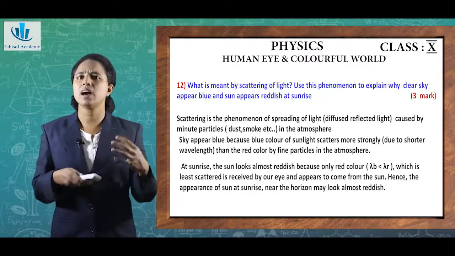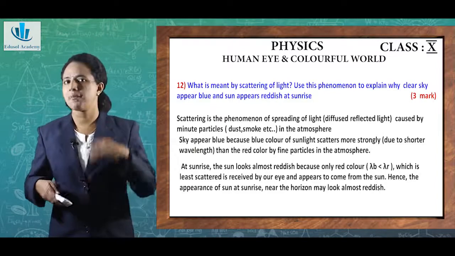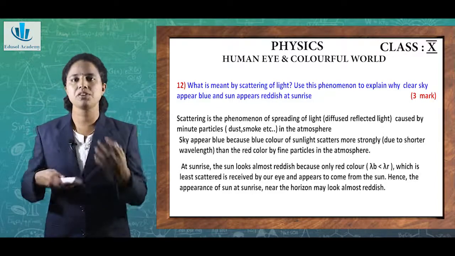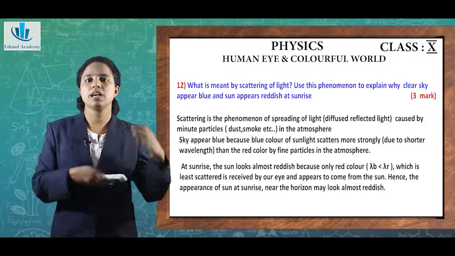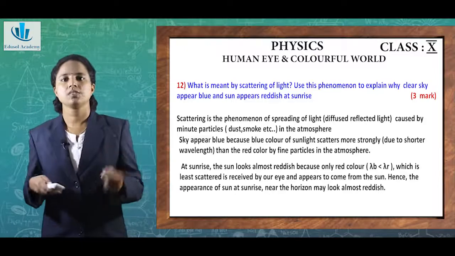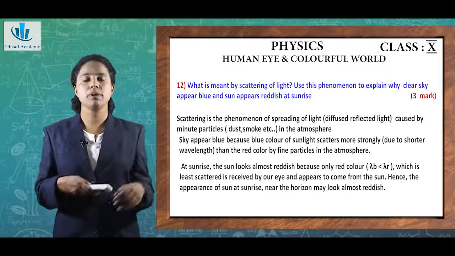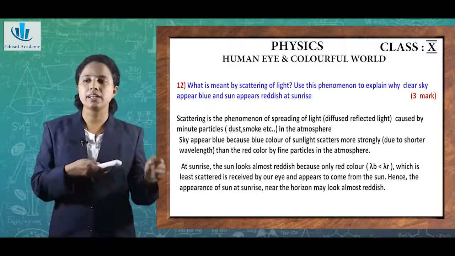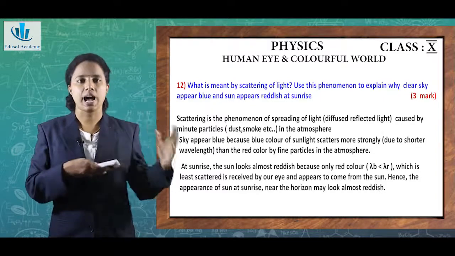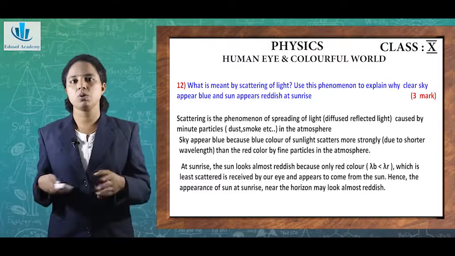And why does the sun appear reddish at sunrise? It can be explained by using the phenomenon of scattering of sunlight. You know that at sunrise, the sun will be near the horizon. The sun will look almost reddish because of the property of red color. We know that for red color, the wavelength is highest when compared to blue light.